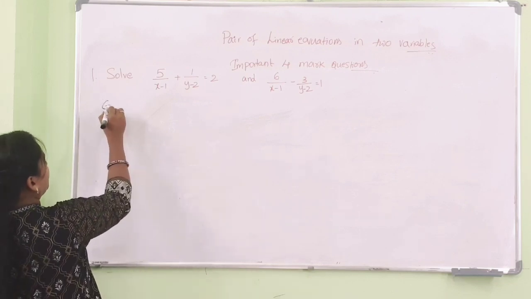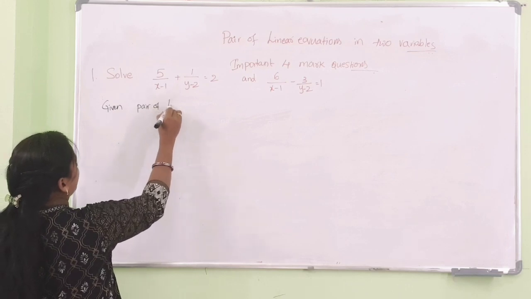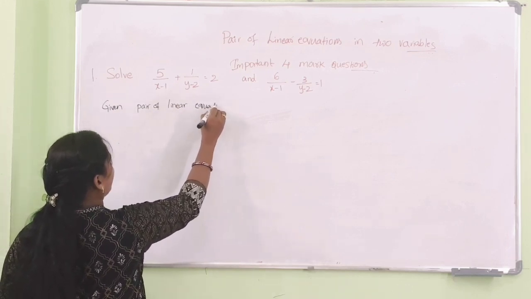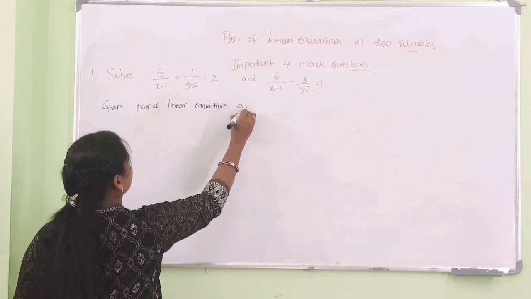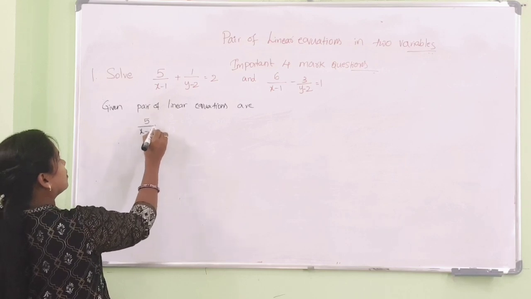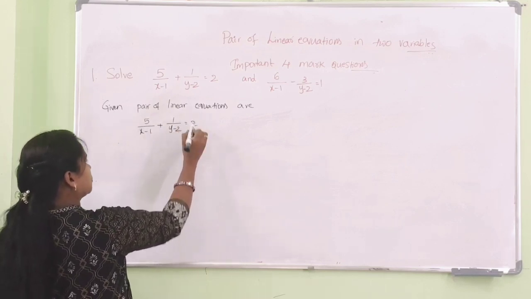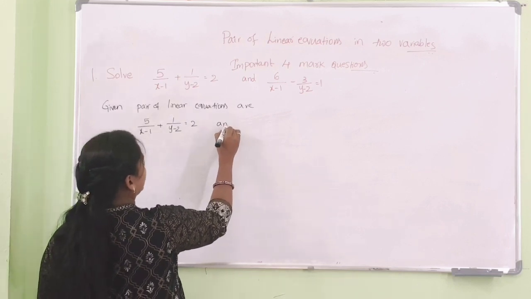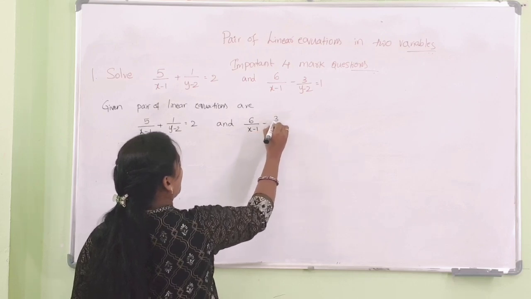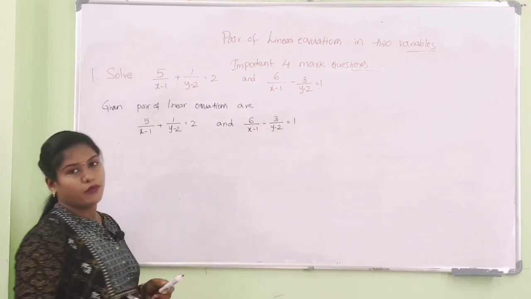So here given pair of linear equations are 5 by x minus 1 plus 1 by y minus 2, which is equals to 2, and 6 by x minus 1 minus 3 by y minus 2, which is equals to 1.